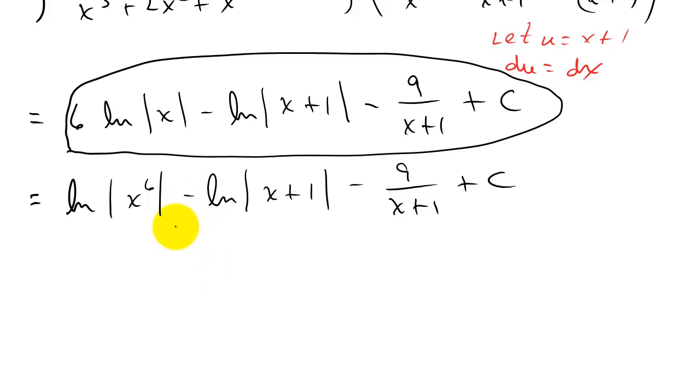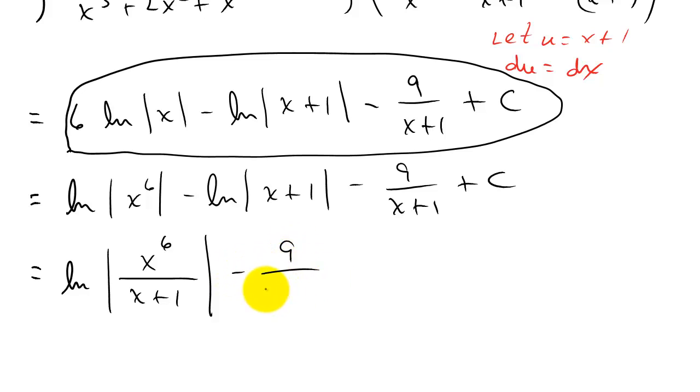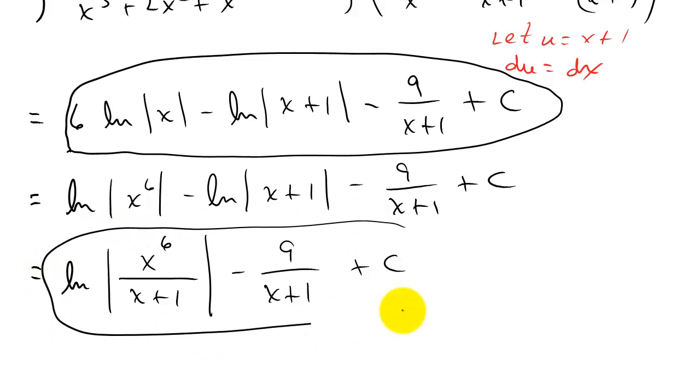And the minus here means these two logs come together as division, so that's the natural log absolute value of x to the sixth over x plus 1, minus 9 over x plus 1, plus c. So I just brought the logarithms together. I don't know if your teacher makes you do that, but now you know how to do it. If not, it would be fine just to leave it like this.